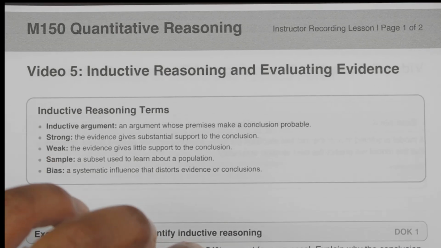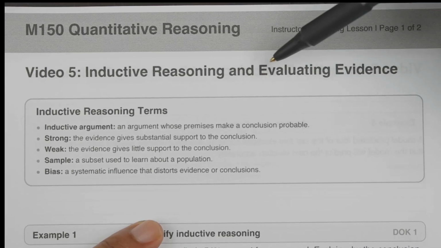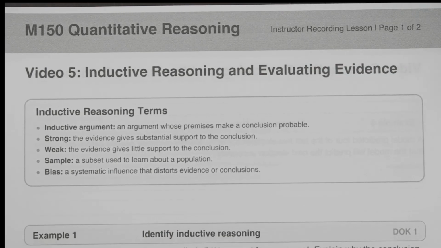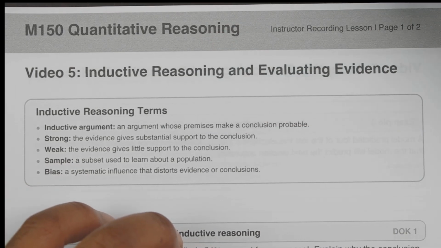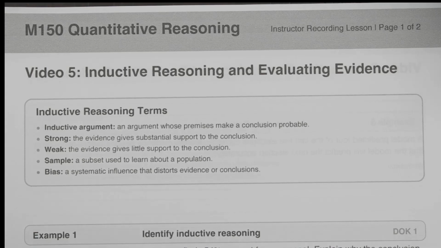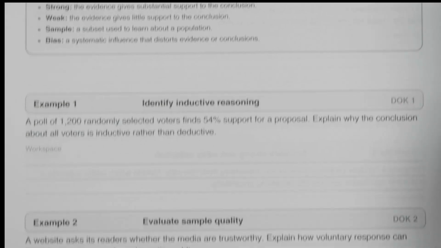And today we're going to look at another type of human reasoning that we call inductive reasoning, and we're going to evaluate evidence as well. The thing with inductive reasoning is that evidence can make a conclusion more likely, but it does not guarantee certainty. So let's get into the examples so that we can put these definitions and terms into practice.